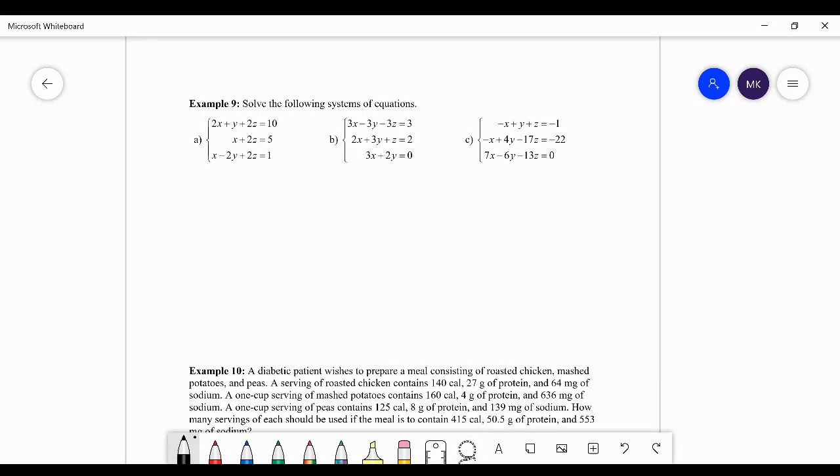So this first one, our augmented matrix, bracket, is 2, 1, 2, 10, 1, 0, 2, 5, 1, -2, 2, 1.